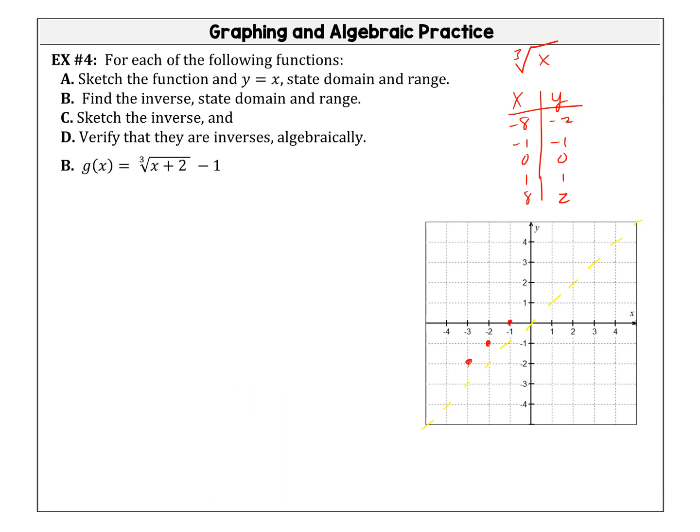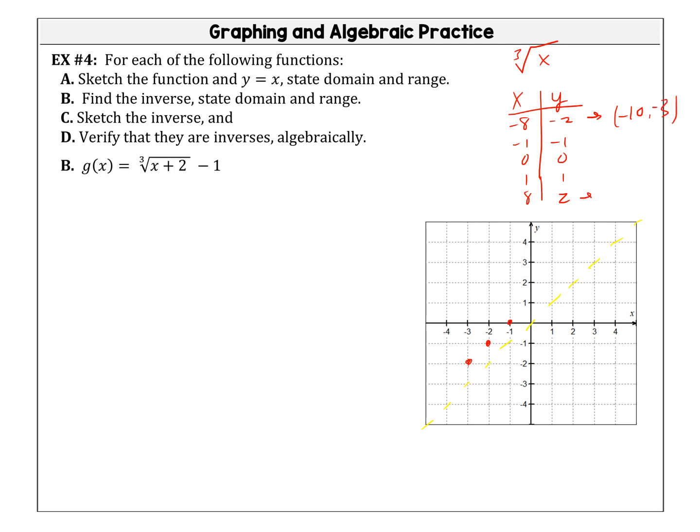Okay, when I'm graphing this out, I'm going to do my very best to keep in mind where this would be. If I was at -8, -2, if I could graph it, moving it 2 to the left and down 1 would put me at -10, -3.